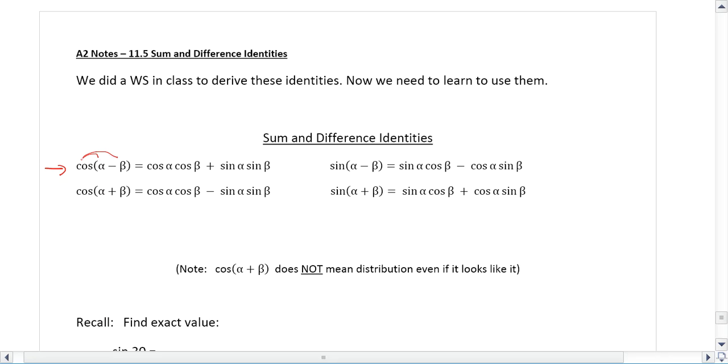This is not distribution. It really is where you're adding these two angles, and then you have to work with the rest of the identity. It's more complicated than, it is not cosine alpha minus sine beta. Like I said, we proved that in class. So just a note, this does not mean substitution.